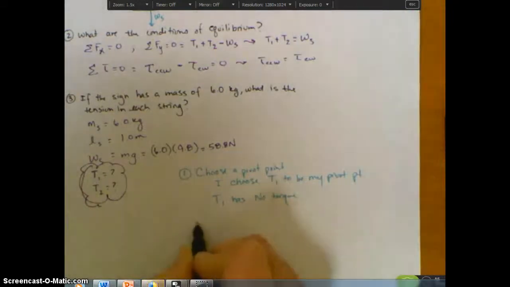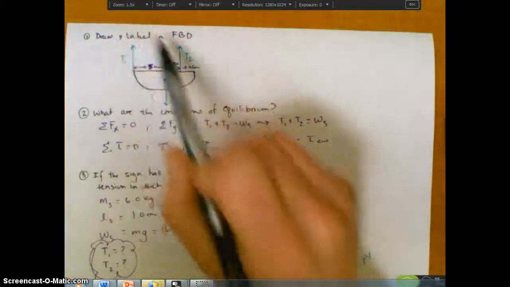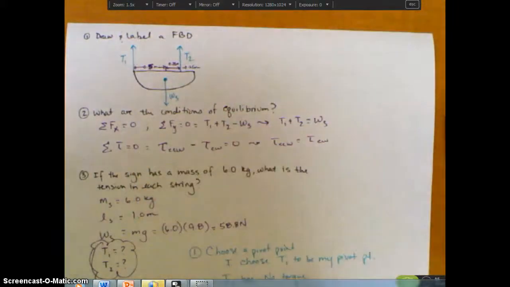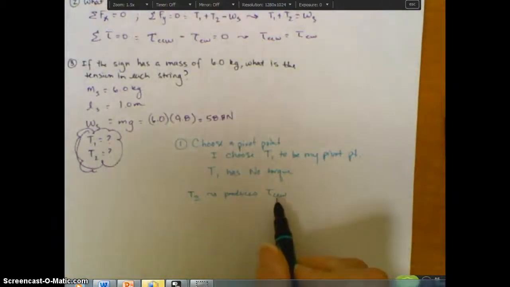Looking at T2, I see that T2 would be pulling the sign in a counterclockwise rotation. So T2 produces a counterclockwise torque.